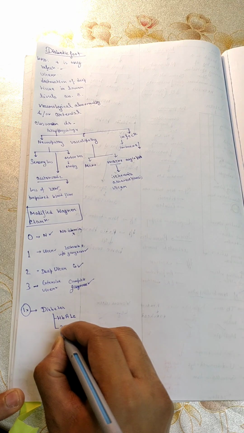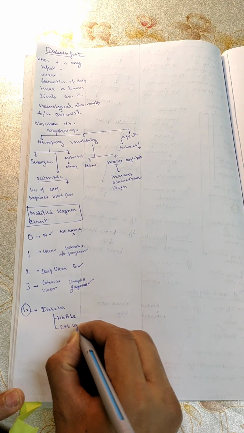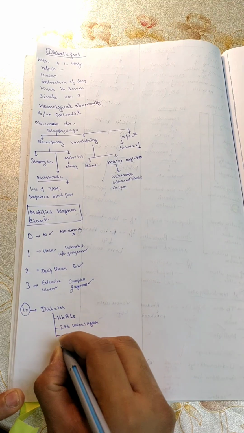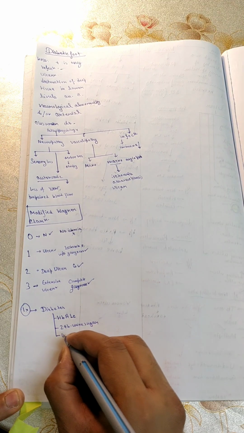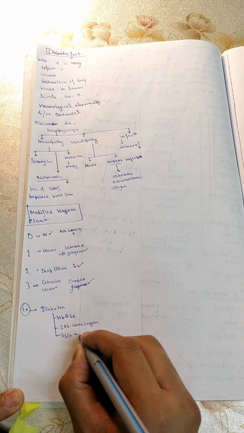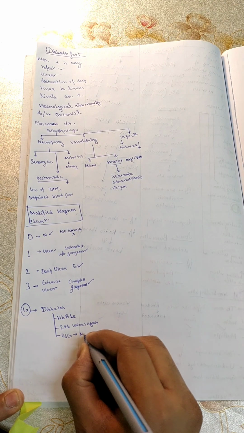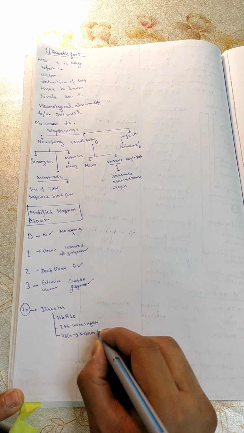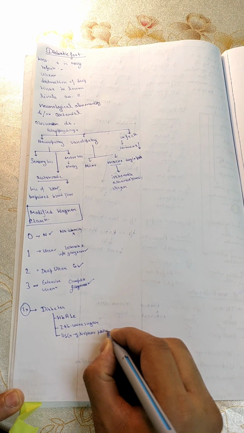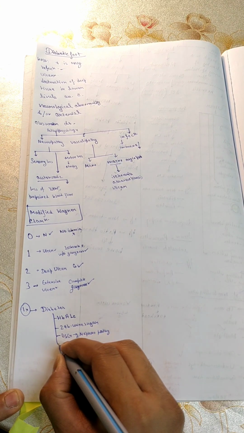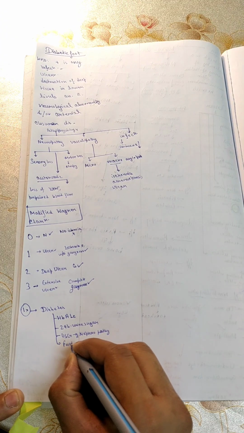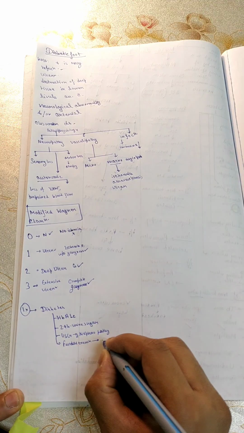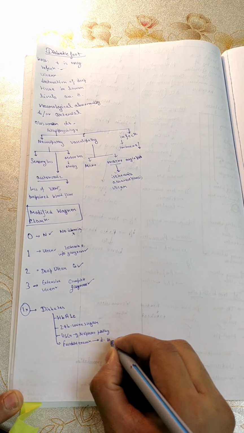We have 24-hour urine output, urine sugar. I have USG for diabetic nephropathy. I have fundus examination for diabetic retinopathy.